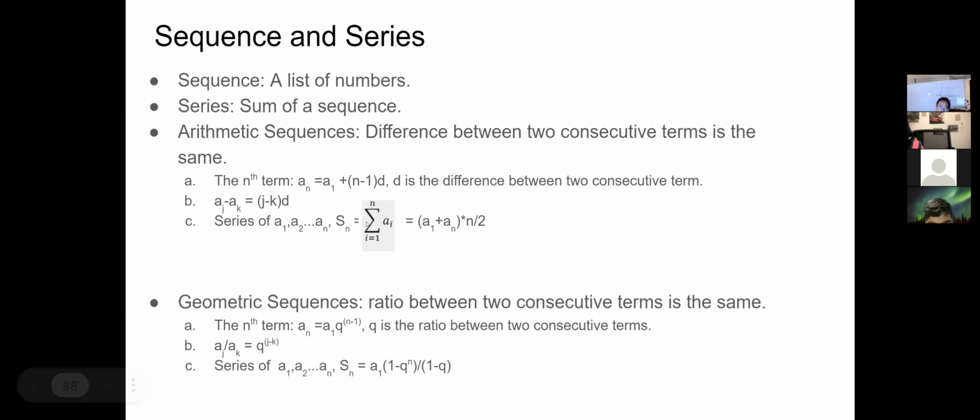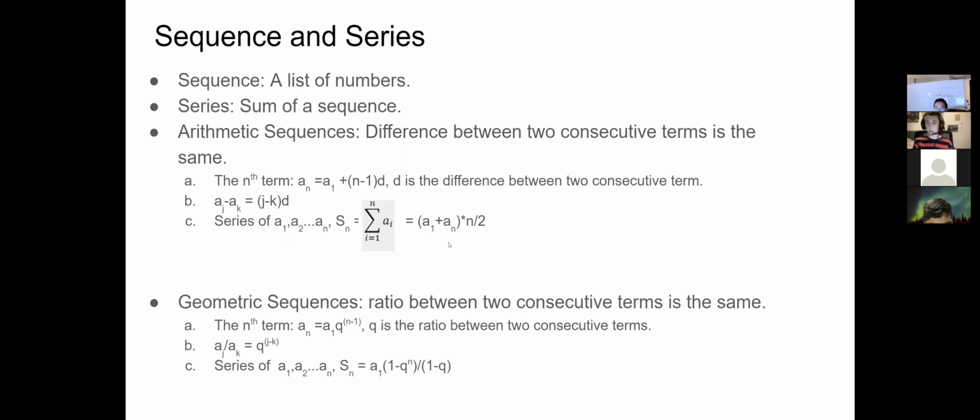The bottom shows the index from beginning to end, so i is the general term, running from 1 to n. So it's a_1 plus a_2 plus a_3 and so on up to a_n. That's the sigma expression, but the formula is really just the first term plus the last term, times the number of terms, divided by 2.